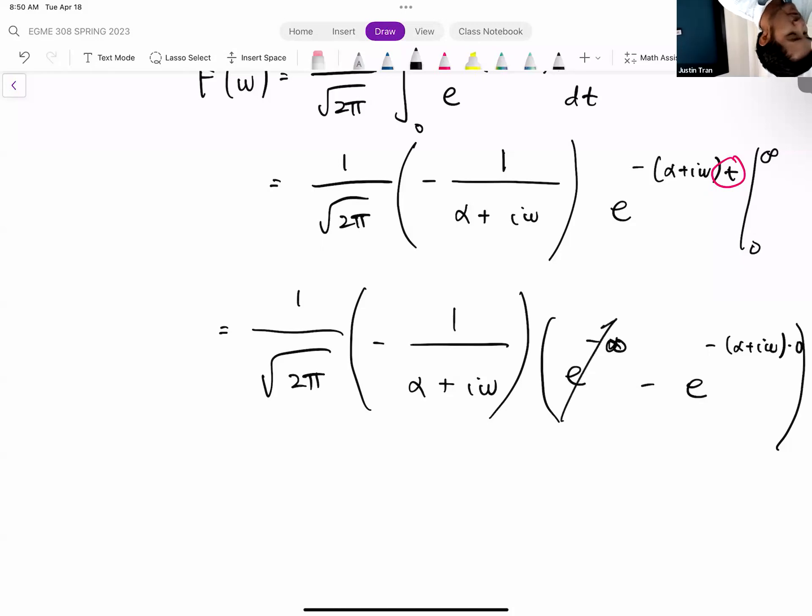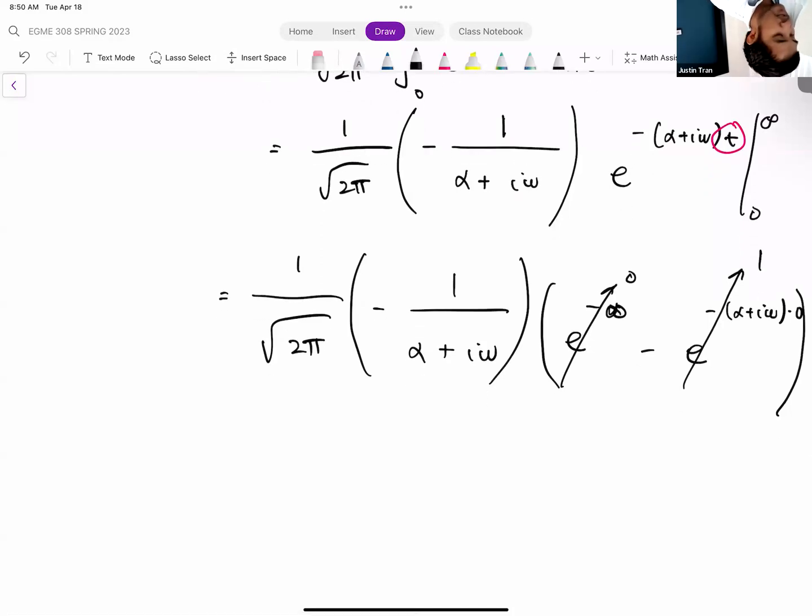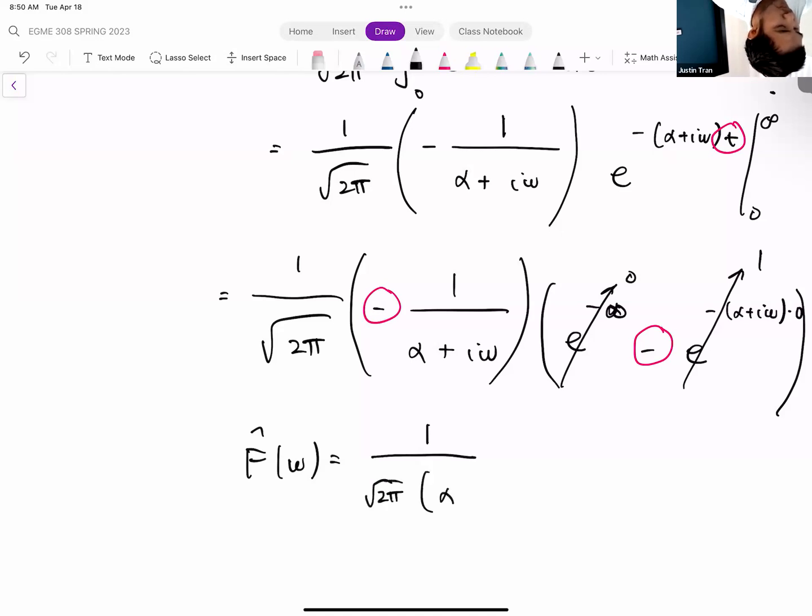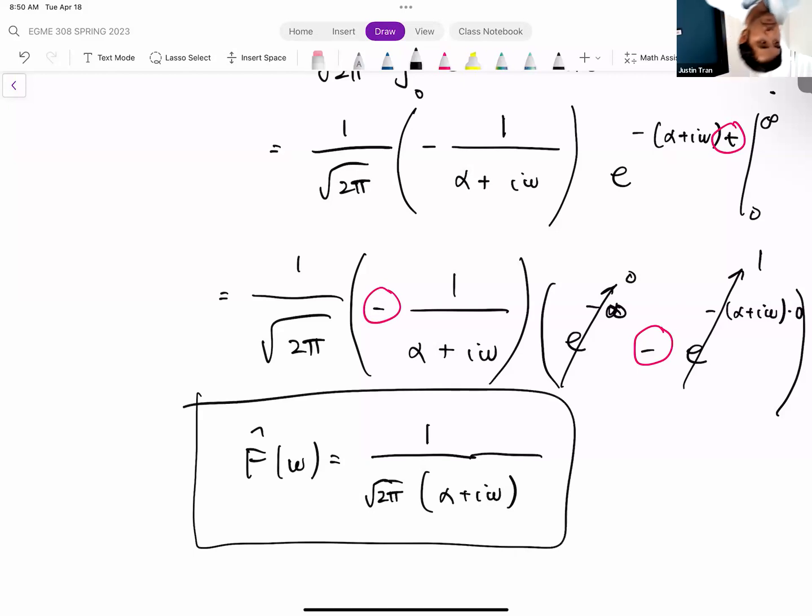E to the minus infinity is just going to give us 0, and then e to the 0 is just going to give us 1. And then this negative here is going to cancel out with this negative. So if we pull it all together, we have f hat of omega equal to 1 over square root of 2 pi times 1 over the quantity alpha plus I omega. And that right there is our solution.